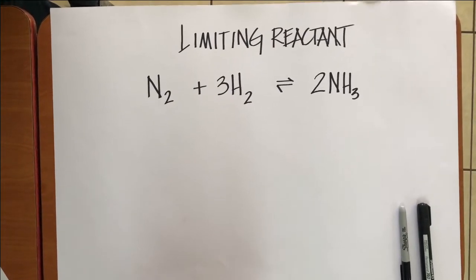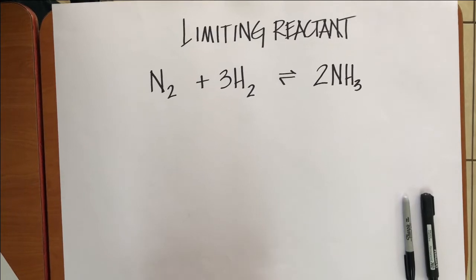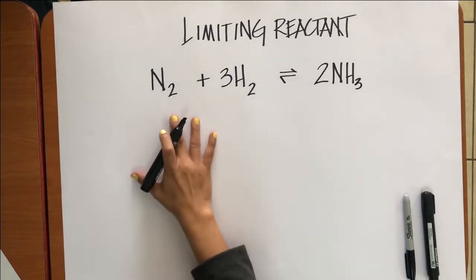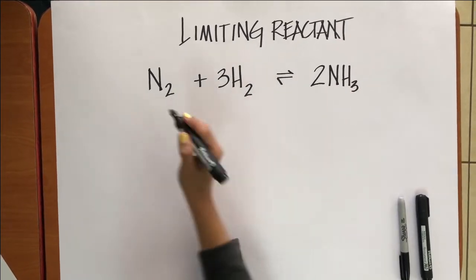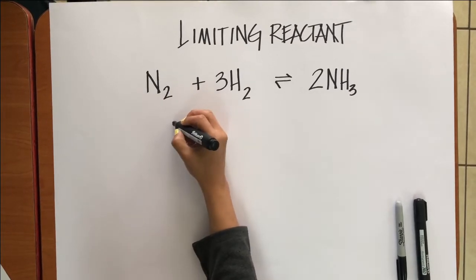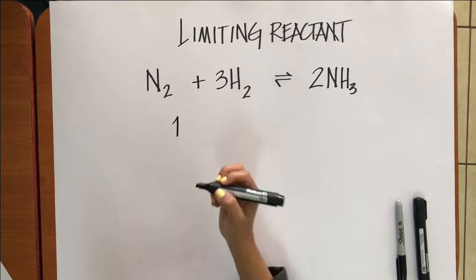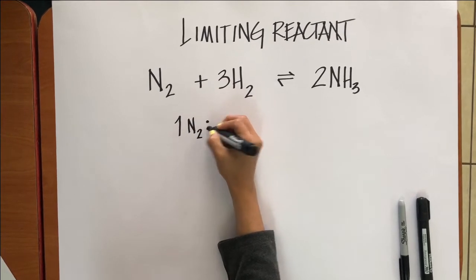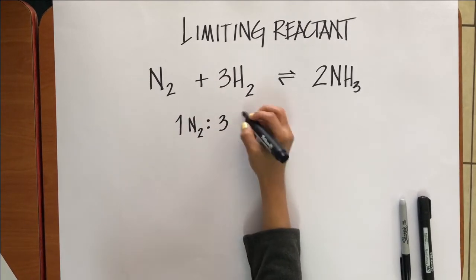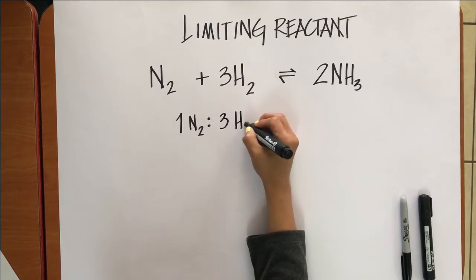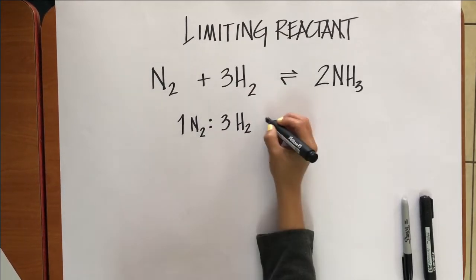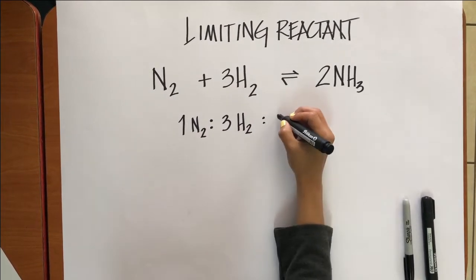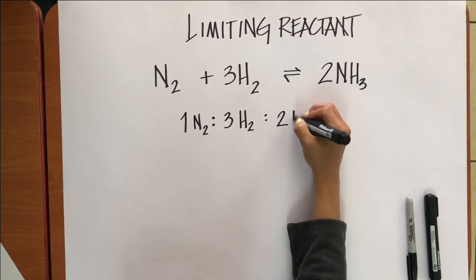Next, we're going to see the ratios of each one of the reactants versus product. So I know that I need 1 unit of molecular nitrogen versus 3 units of hydrogen gas to produce 2 molecules of ammonia.